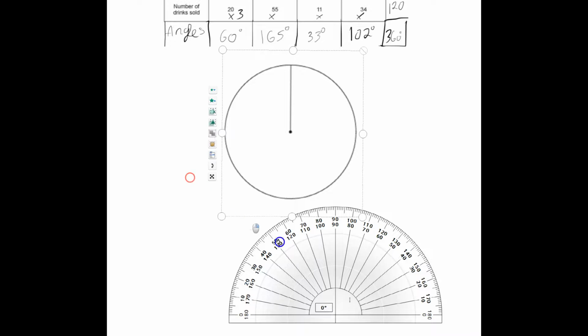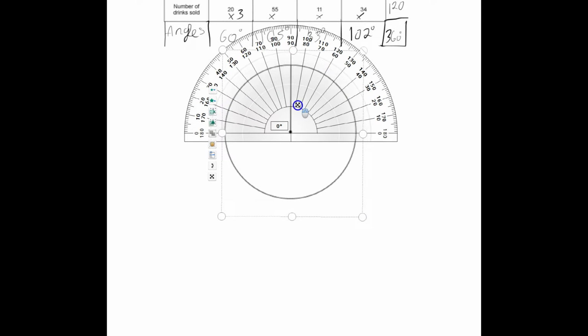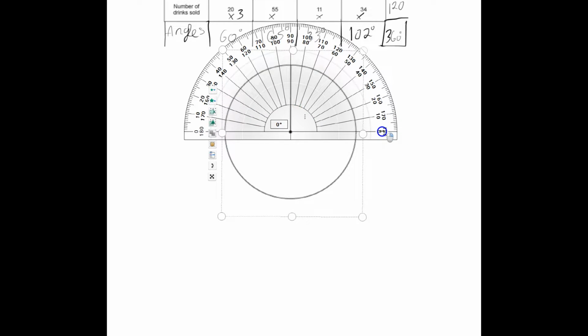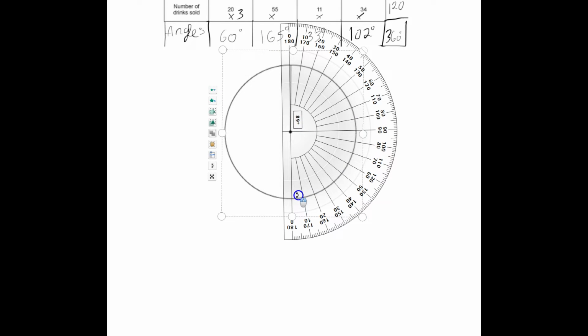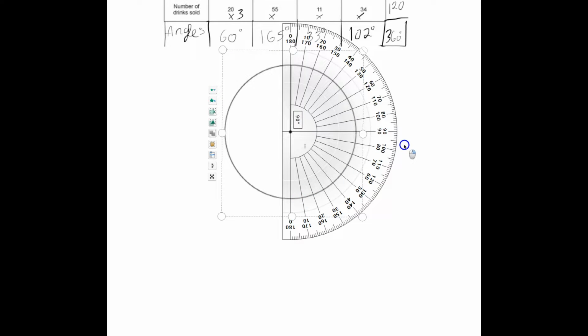If they haven't given me one, I just draw one on. Line it up exactly. I need to measure from 0, so I can see up here, the 0 is on the outside, so I'm going to stay on the outside and follow my protractor until I get to 60. Make myself a little mark at 60, as accurately as I can.